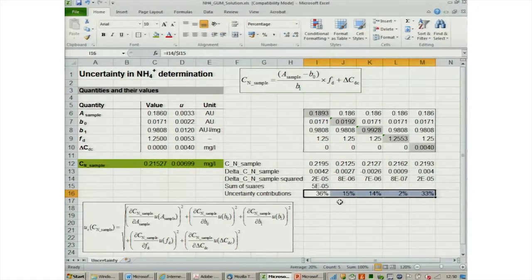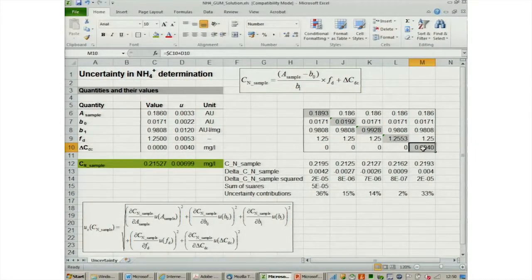And as was explained in the lecture, all the effort should be devoted to minimizing the uncertainty in a sample and also in delta CDC, because it is these components here that determine most of the uncertainty in this case.